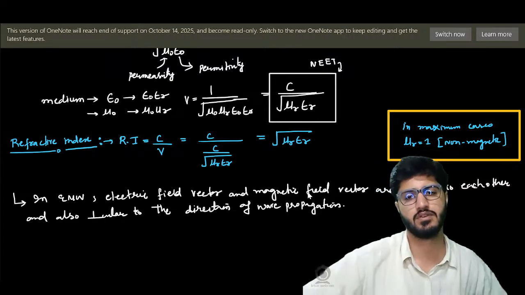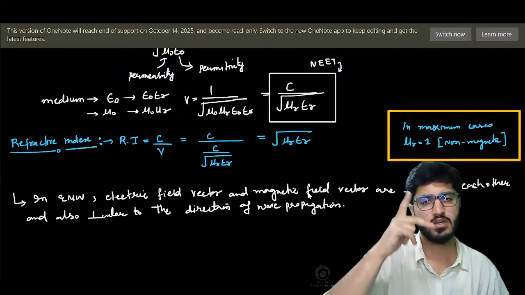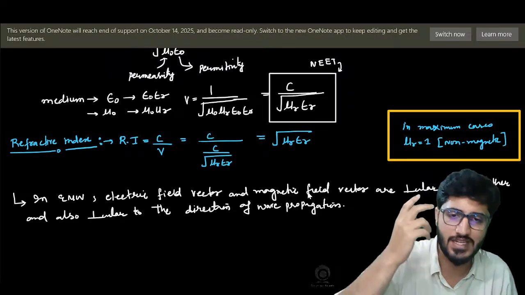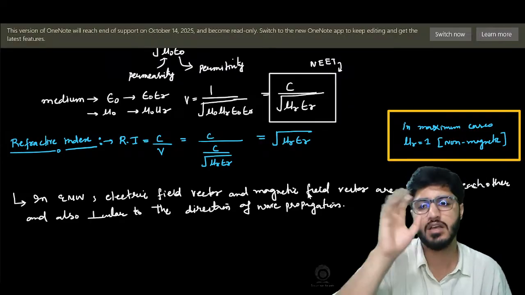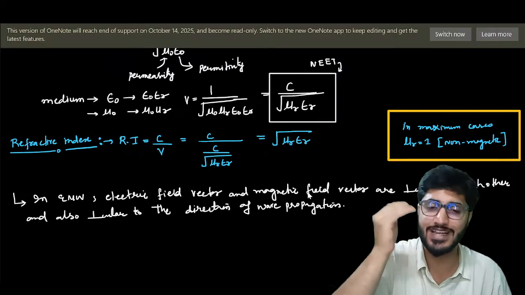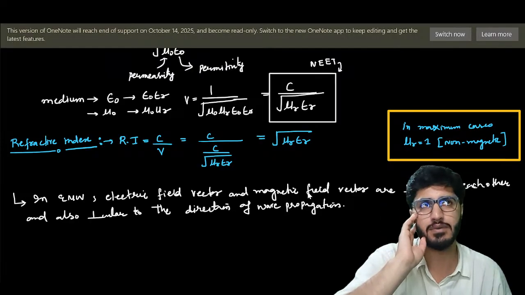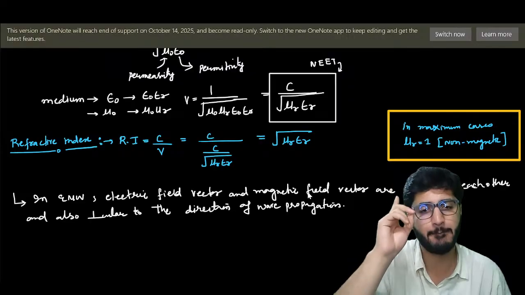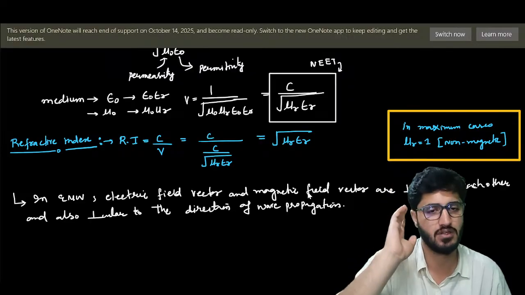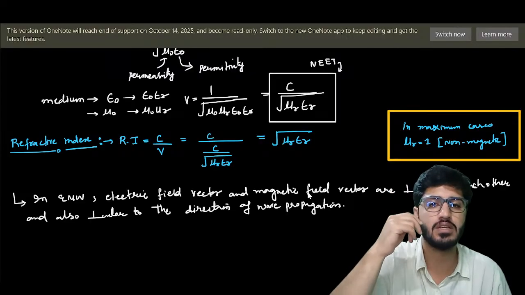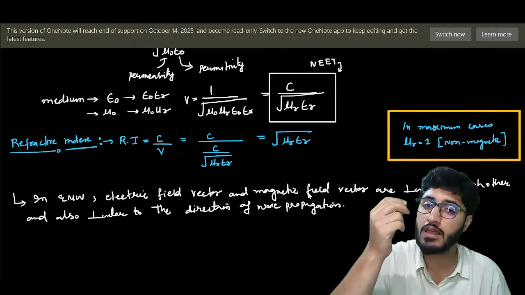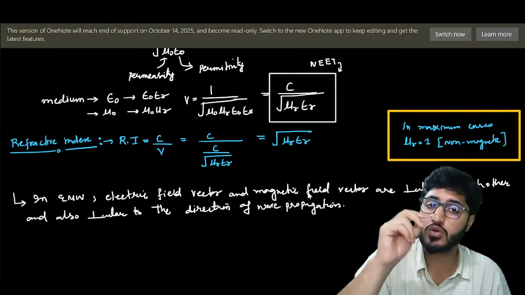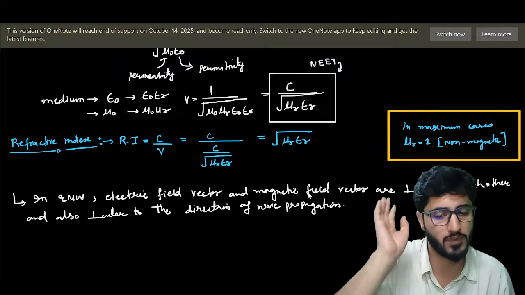That means if any electromagnetic wave is going in x direction, my electric field vector should be in y and my magnetic field in z direction. Both should be perpendicular to each other and both should be perpendicular to the speed of the light, that is the propagation of the light.